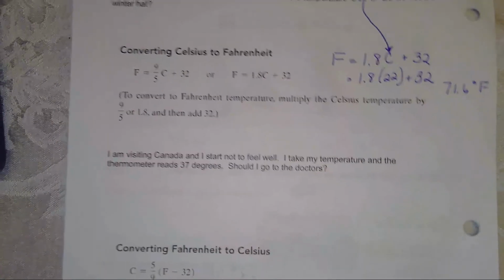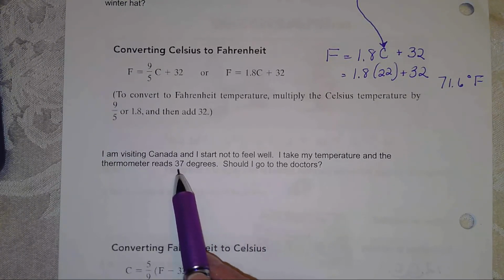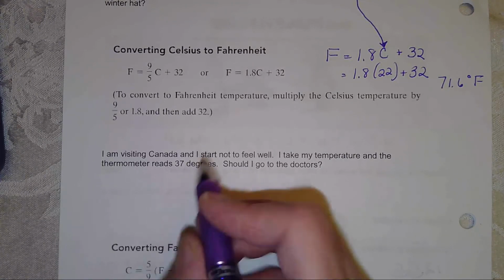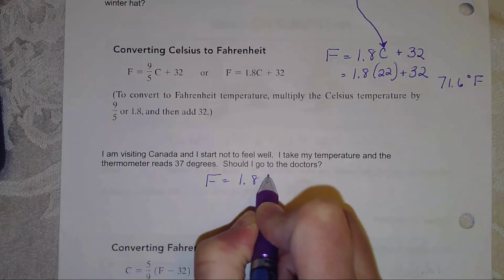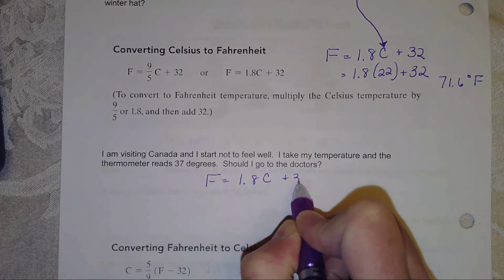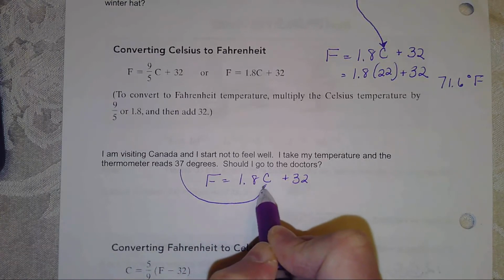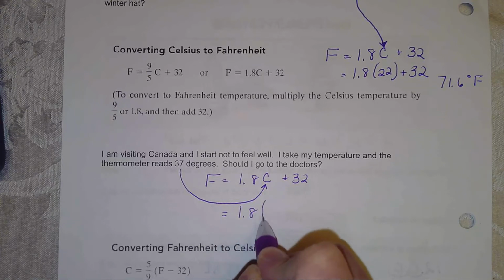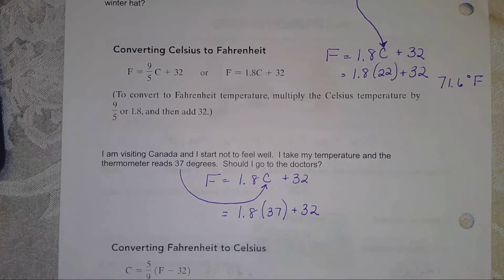Since I'm visiting Canada and I borrow a thermometer, but it's only in Celsius and it reads 37 degrees. Should I be worried? Should I go to the doctor? So here's our formula. Okay, we're going to put 37 in for C. Why don't you pull out your calculator and just determine whether you should be beelining it to see a doctor.